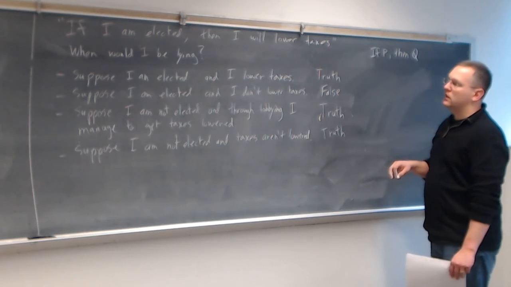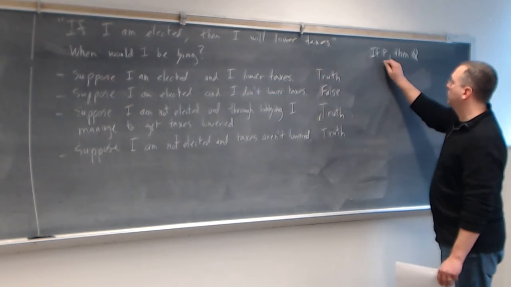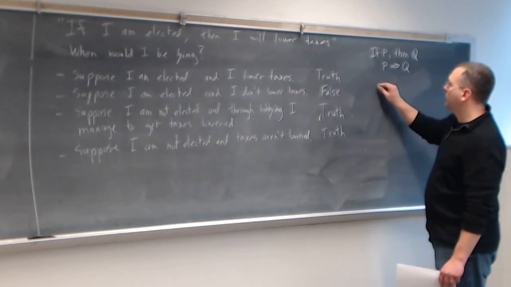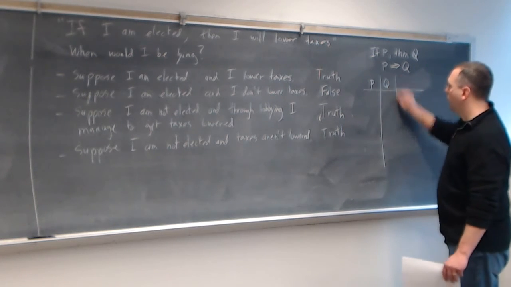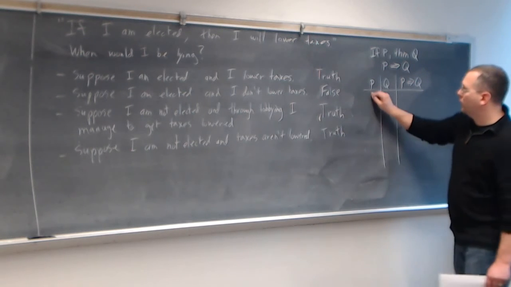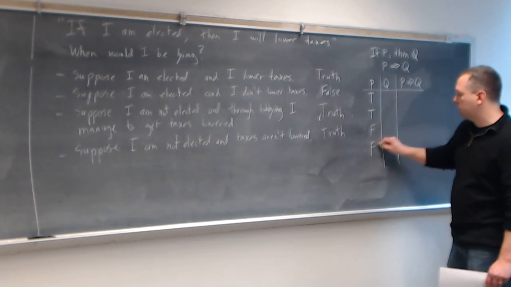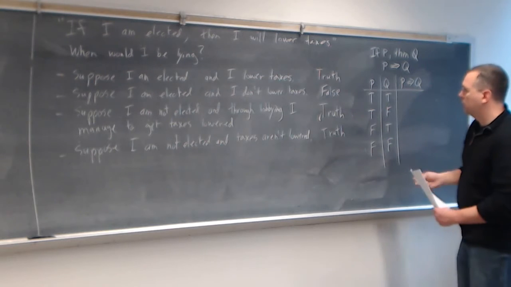In other words, P implies Q. So let's look at the truth table that we came up with: P, Q, and then P implies Q. So we had true, true, false, false, true, false, true, false, right?